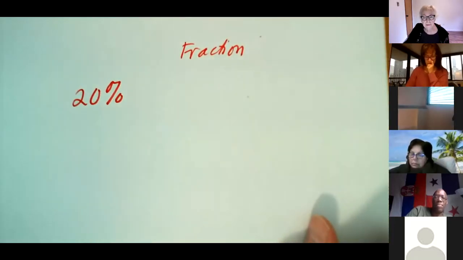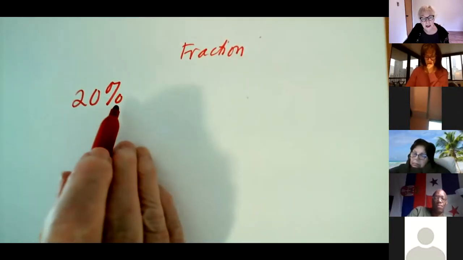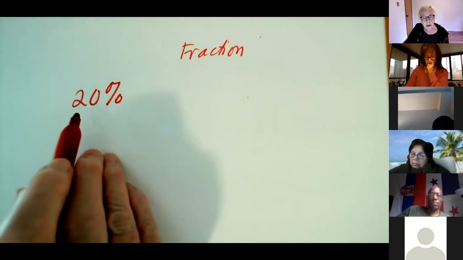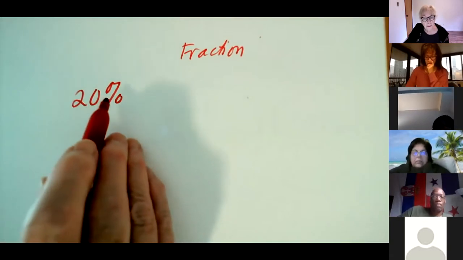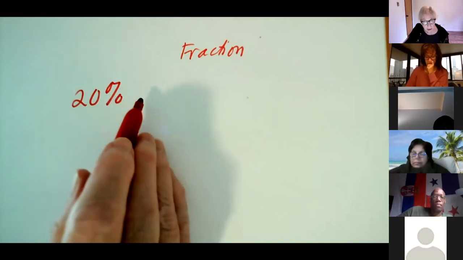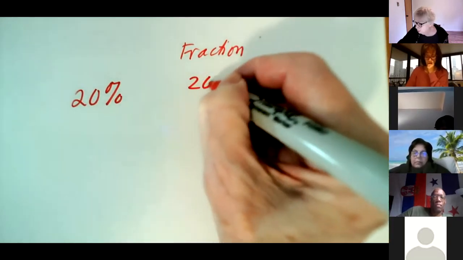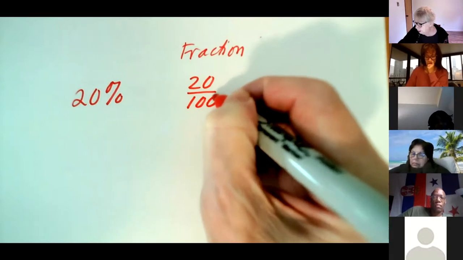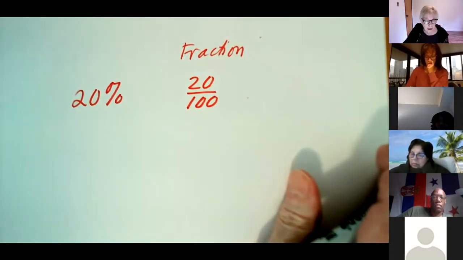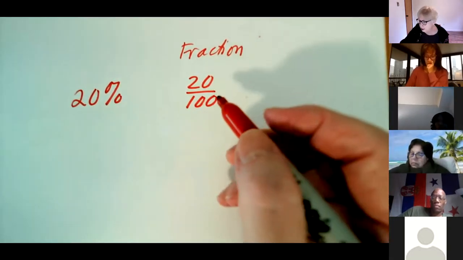So 20% as a fraction. Remember, it's 20 divided by 100. So that would be a fraction. And that would be a very good start to this particular exercise.